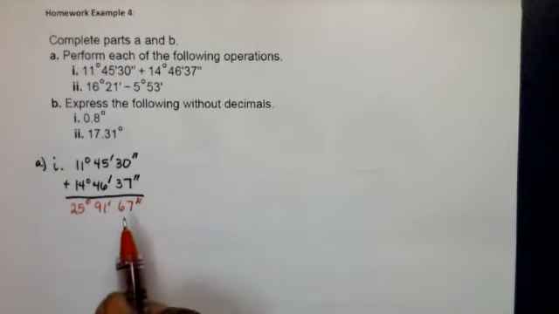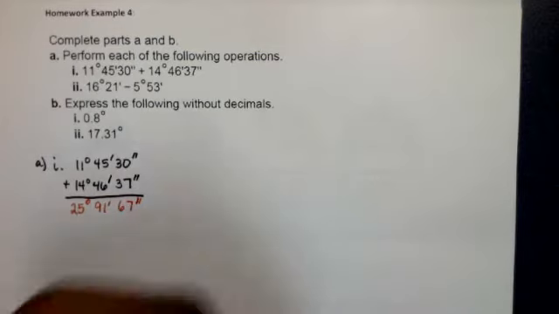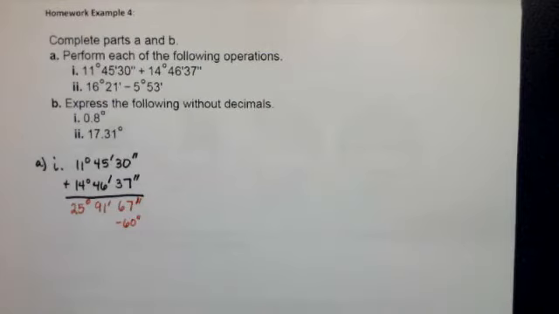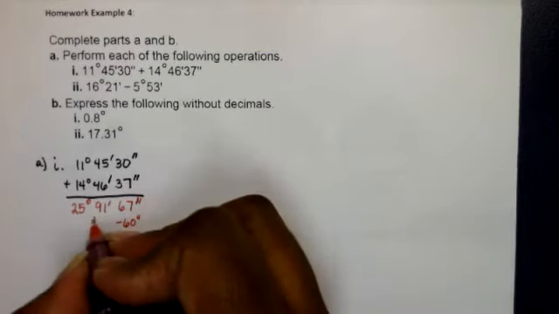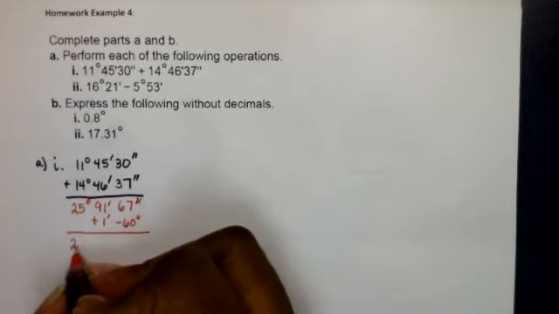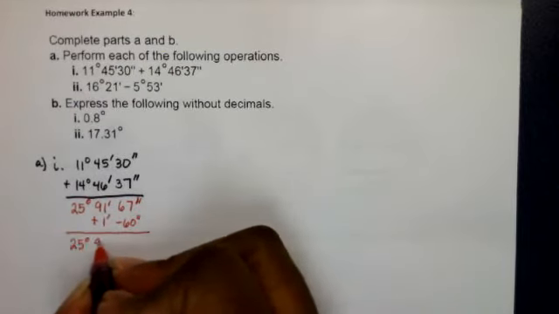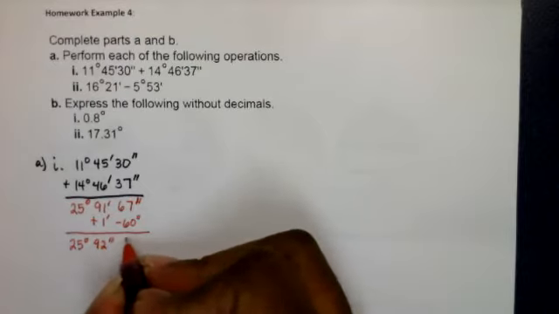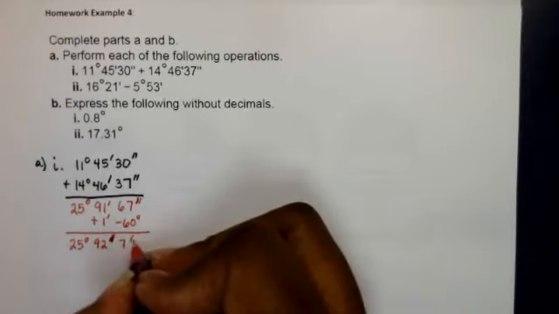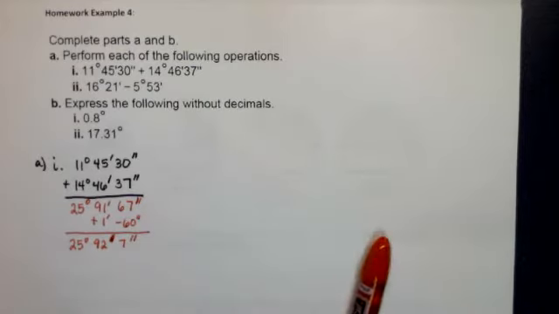But we need to simplify this. Well, for every 60 seconds, that's equivalent to 1 minute. So if I subtract 60 seconds from the 67 and add 1 minute to 91 minutes, this is what I'll have. 25 degrees, 92 minutes, 60 from 67 would be 7 seconds.